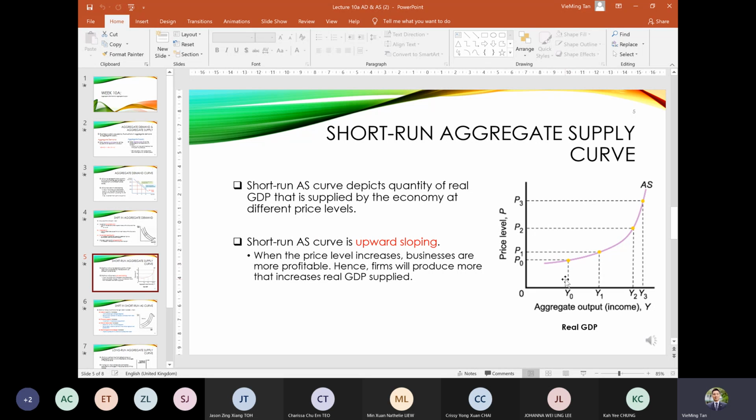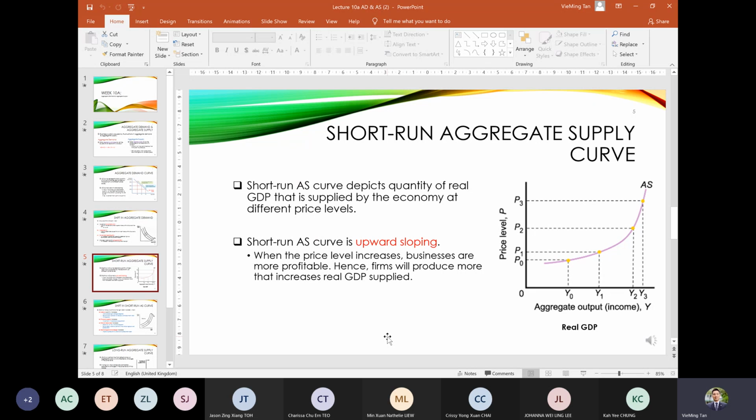This will not encourage the producer to produce more, so they just produce a little, which is at Y0. However, when the price of the product generally increases, suppliers can get more profit by offering the products, and then suppliers will start to increase the quantity of output they produce. This will increase the GDP of the country.